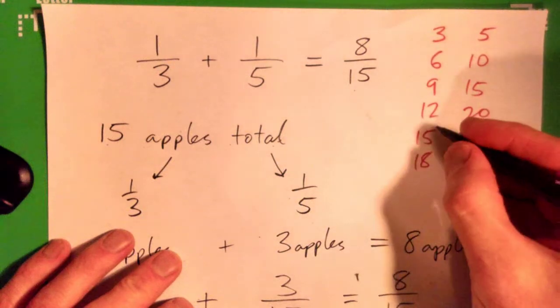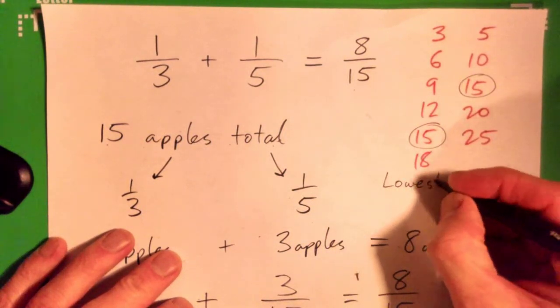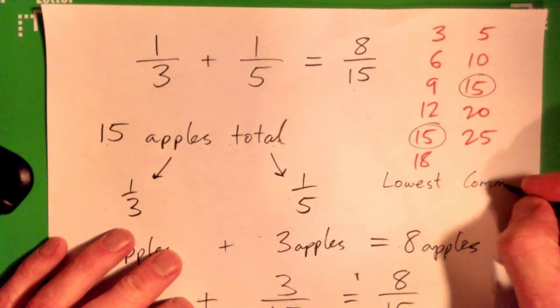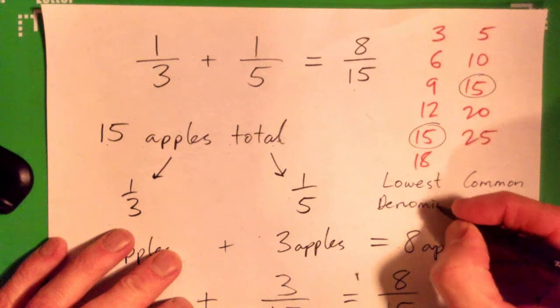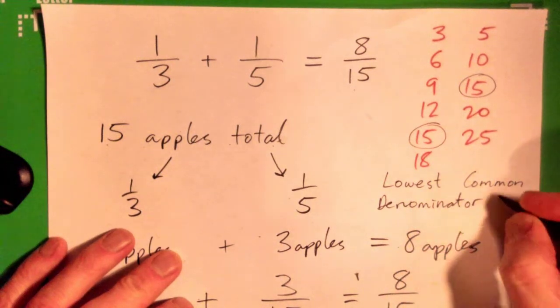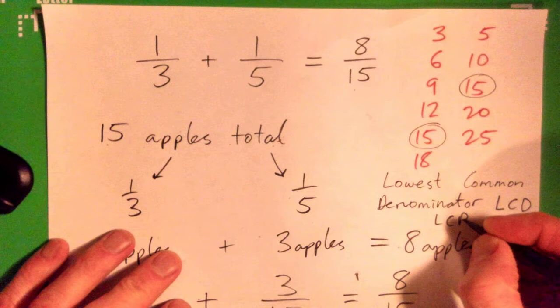15. Yeah, so that's the lowest common denominator, or the LCD. Lowest common denominator. Also called the lowest common multiple, LCM.